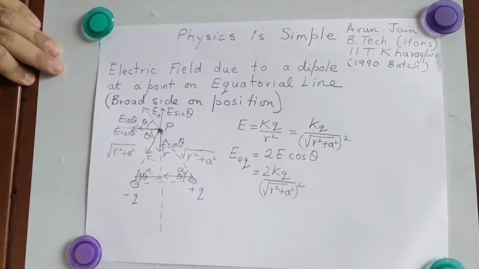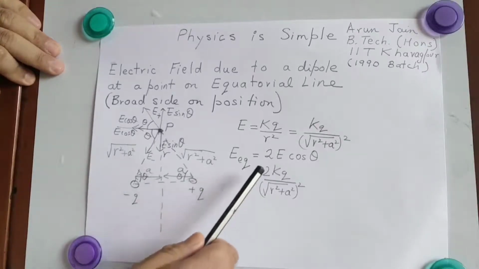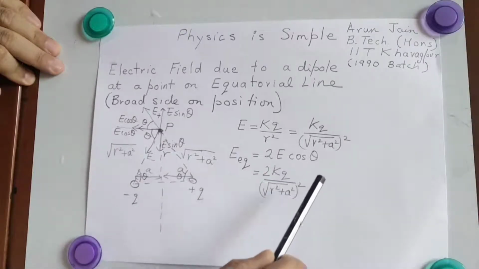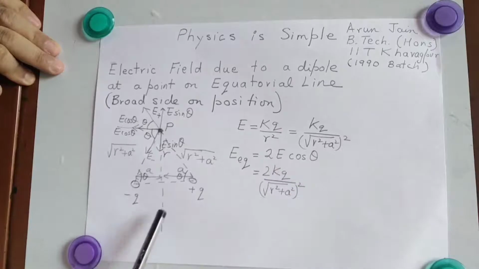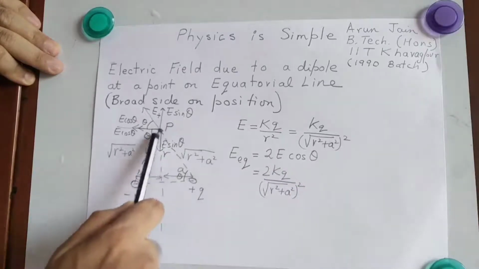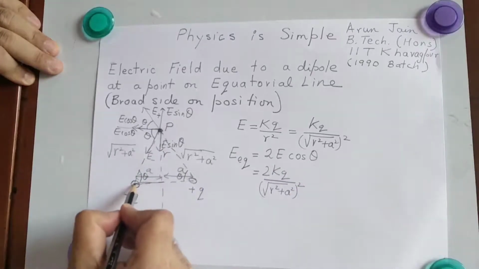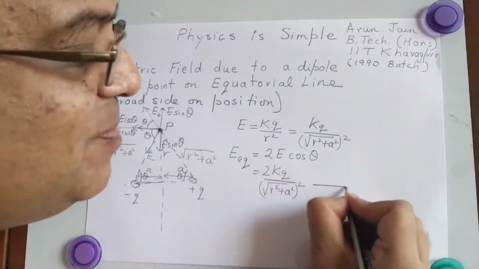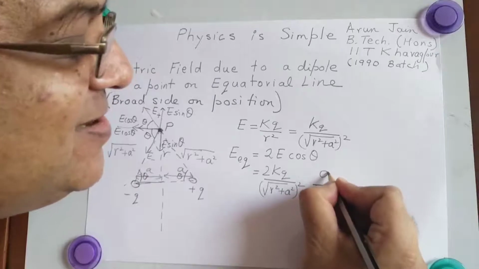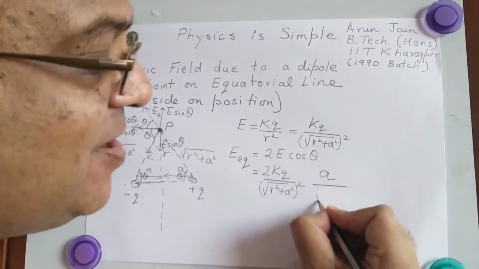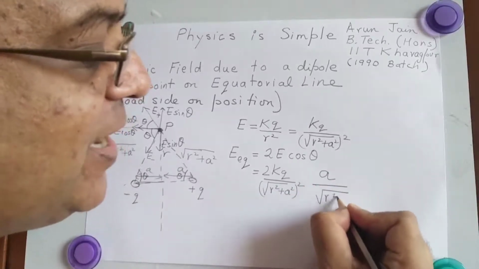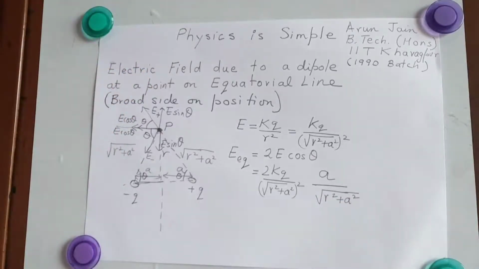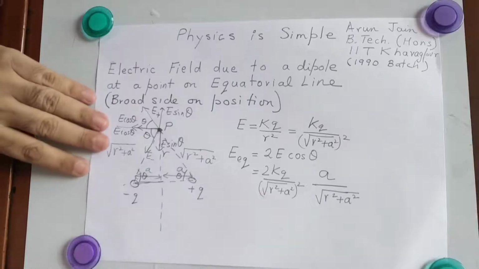So E equatorial is 2 times E, which is kq by root over r square plus a square whole square, and cos theta. Cos theta will be adjacent side by hypotenuse. This is a and the hypotenuse is root over r square plus a square. So this will become a divided by root over r square plus a square. So this is the electric field at point P.